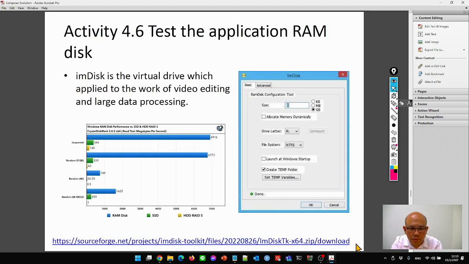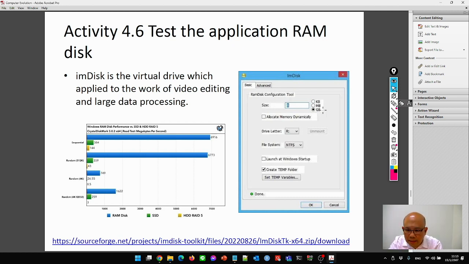For activity 4.6, if you have time, you can download the program from this link. After you download and run this program, it will make a simulation, changing your memory to a RAM disk.